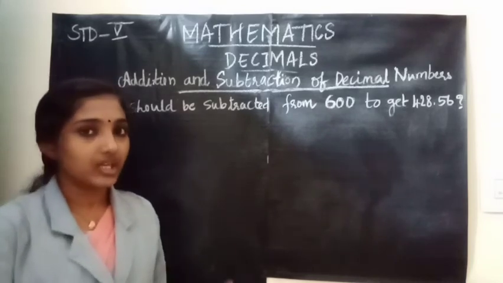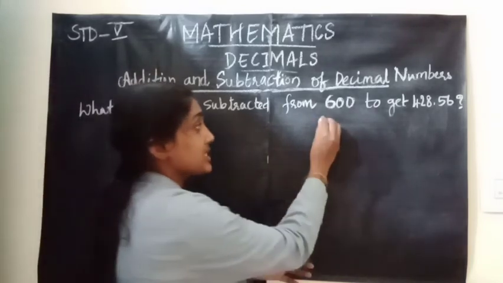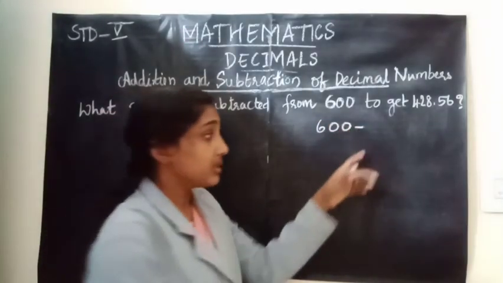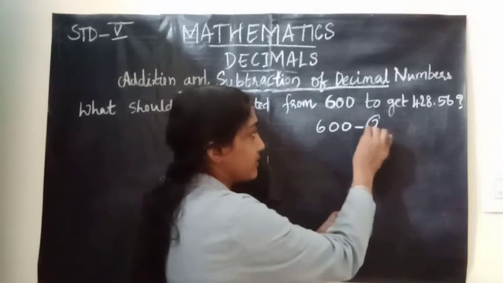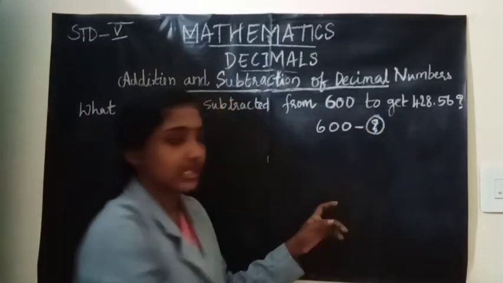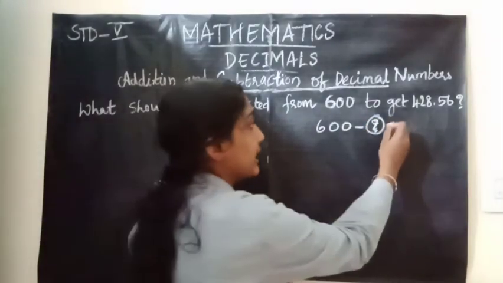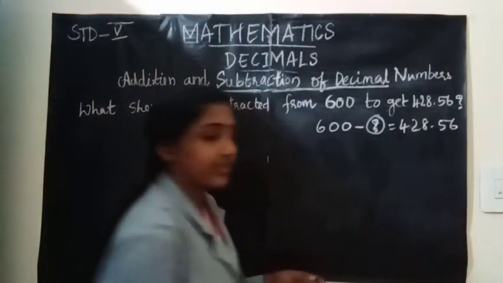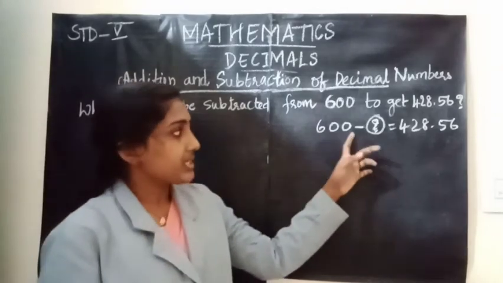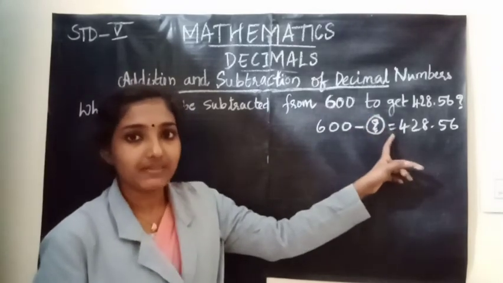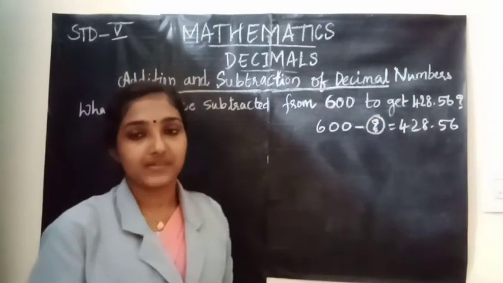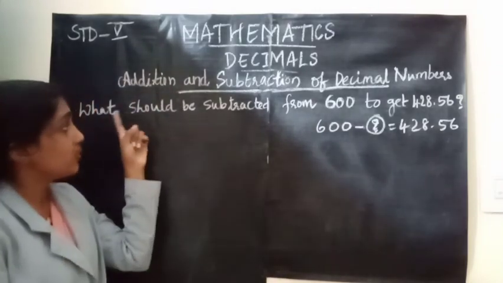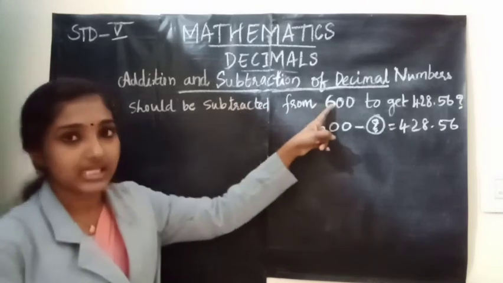That means when we subtract a number from 600, we'll get the answer as 428.56. 600 minus one number gives 428.56 as the answer.